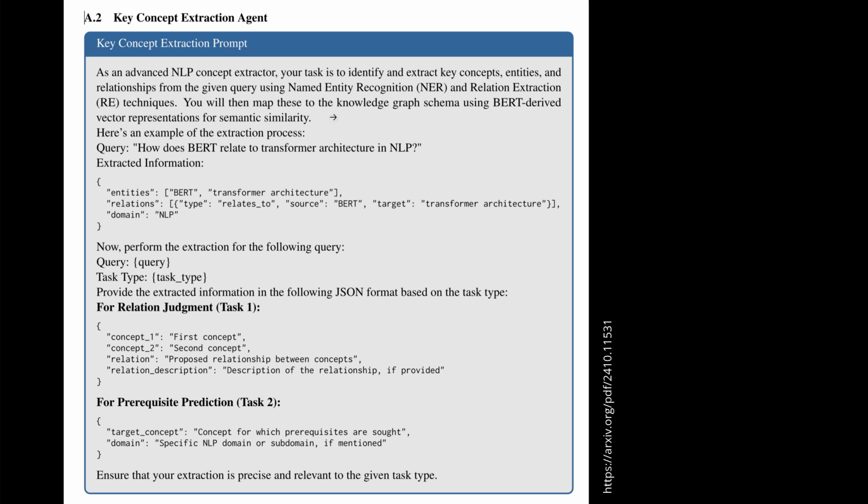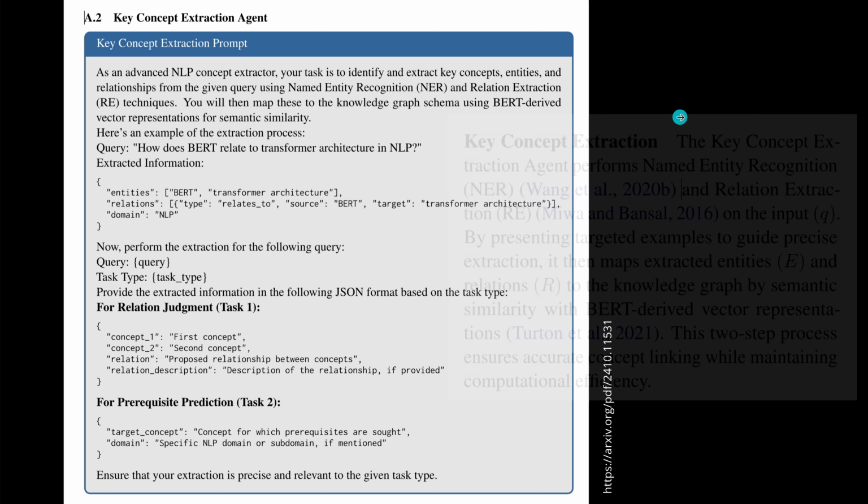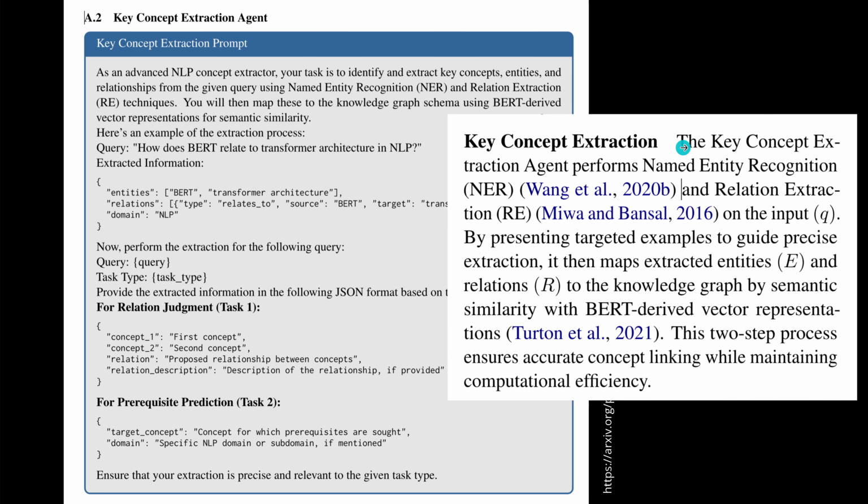What are you talking about here? And unfortunately, they are rather vague in their detailed explanation. It is just this sentence. And you see here a screenshot, and it tells us, yep, maps extracted entities to the knowledge graph by semantic similarity with BERT-derived vector representation.